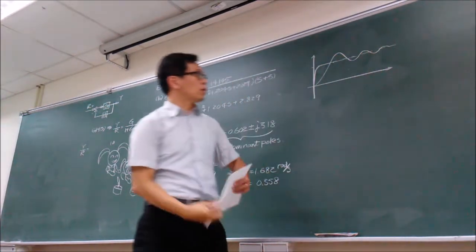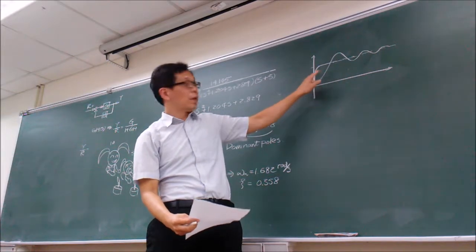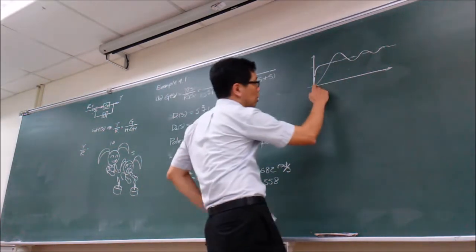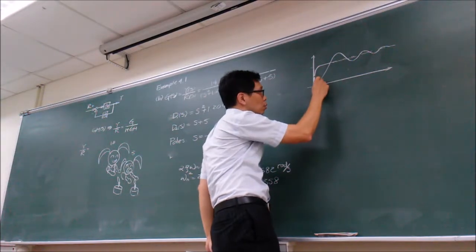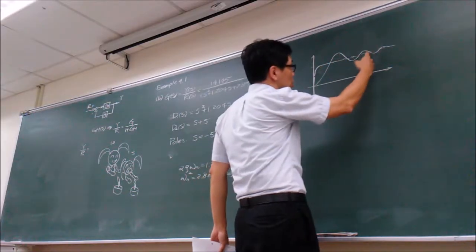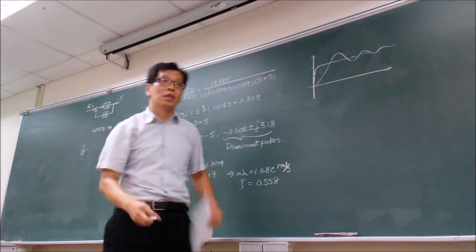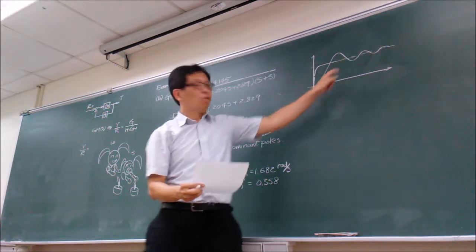So if you couple them together, this is going to show up. Even though it's going to be a little bit distorted in the first view, maybe 1 second, the rest of the system response is going to look like the second order system response.